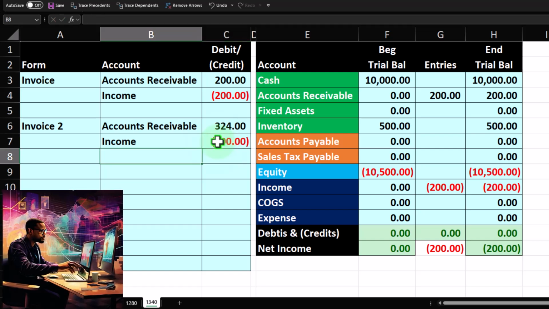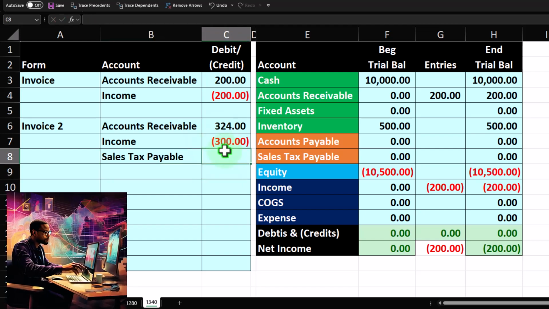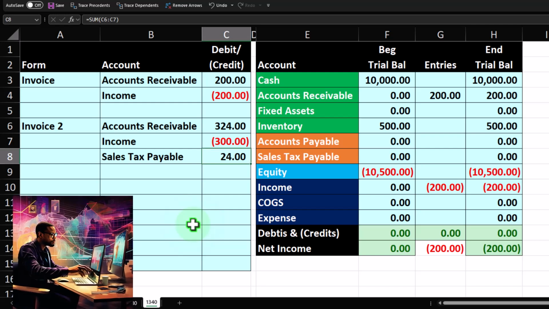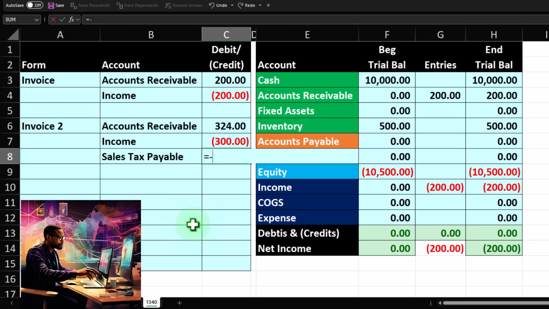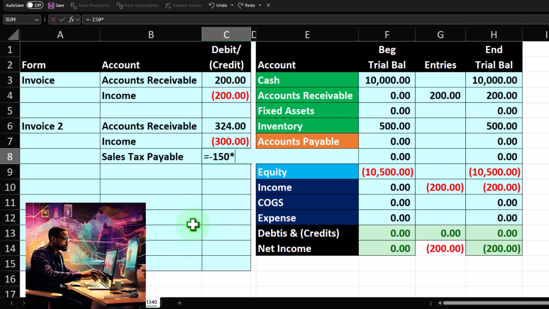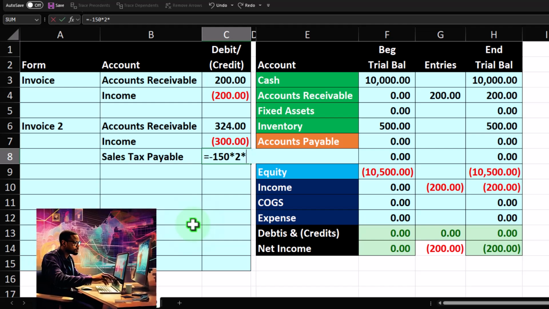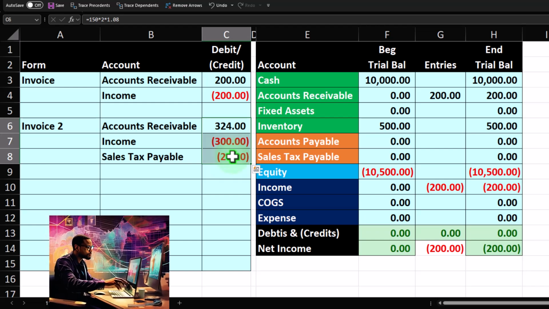And then the sales tax is going to be a liability account, which is going to be the difference, negative sum. That way I could do it, or it's going to be equal to the negative 150 times 2 times the sales tax, which is 0.08, 24. So this ties out. So debits equal the credits.